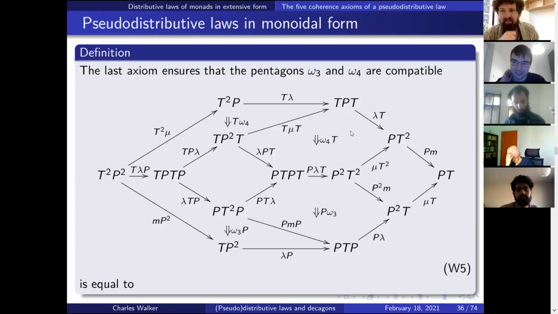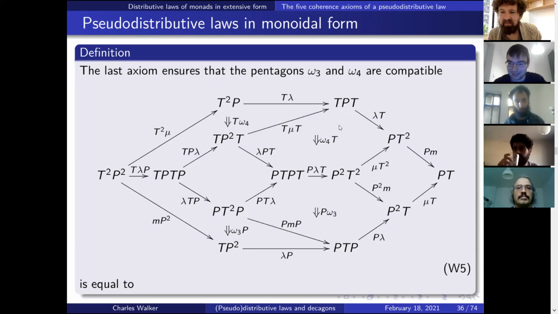Any other questions? I have a quick question. Do you see this being useful as well to define n-ary distributive laws for pseudomonads? Do you think that will be more accessible with these simpler axioms?